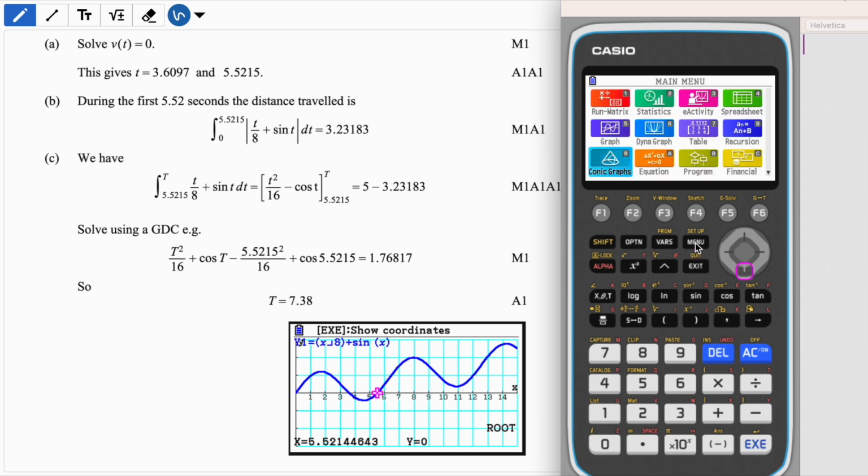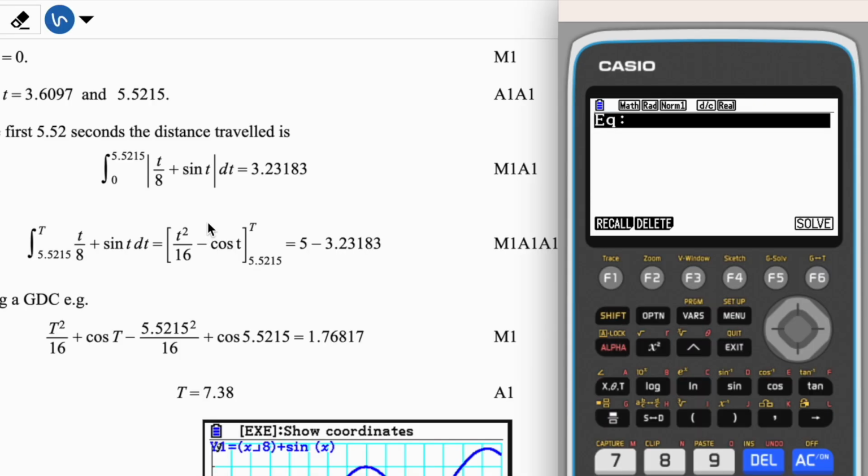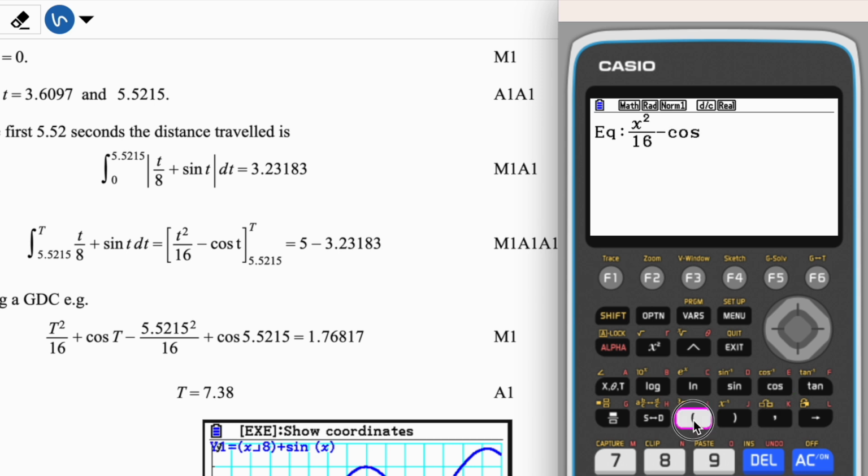So I'm going to go to the equation, click on solver. So make sure you're substituting the limits in the integral form. So t square over 16. So I'm going to enter x square over 16 and then minus cos of x, because I don't have that x value, right?